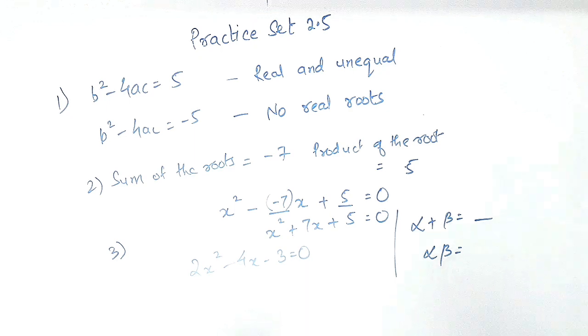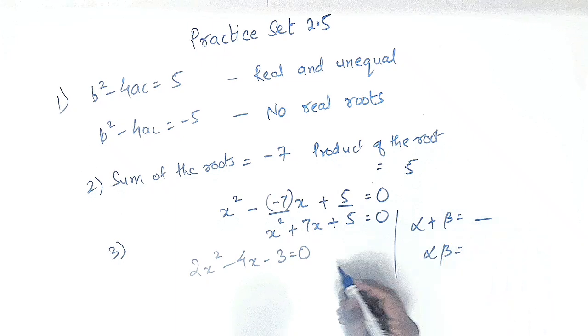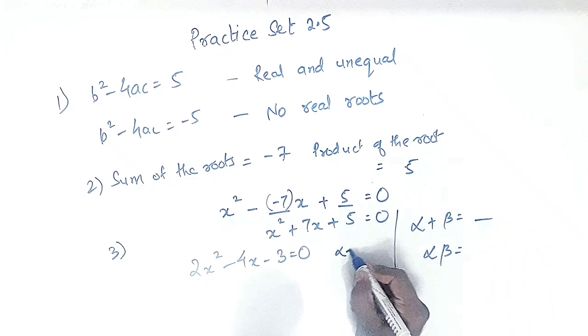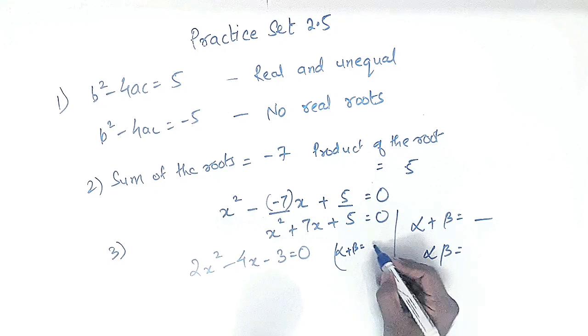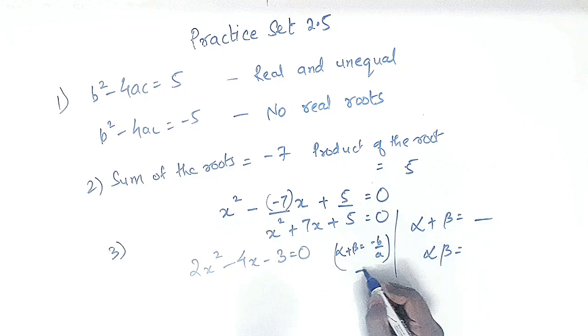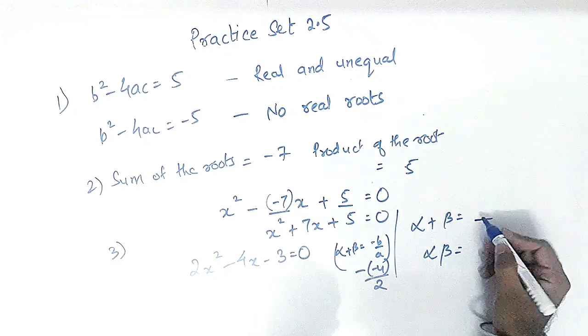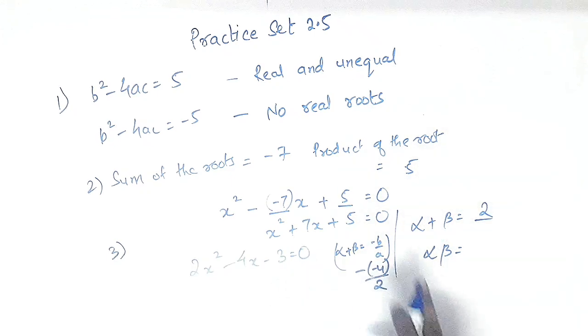Alpha plus beta equals minus b upon a. You know the sum of the roots is minus b upon a, so it will be minus of minus 4 upon a, which is 2. So it will be 4 upon 2, which is 2. So we got the sum of the roots.